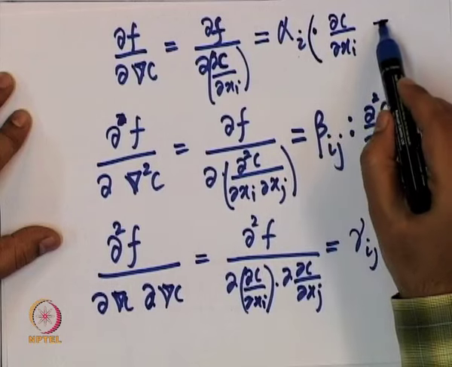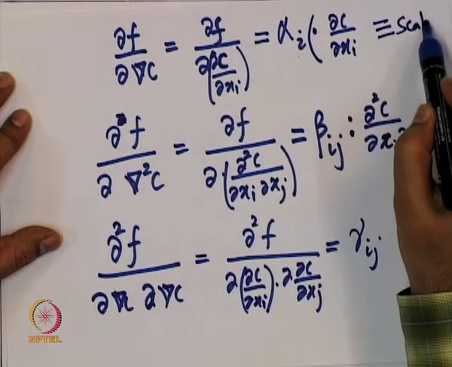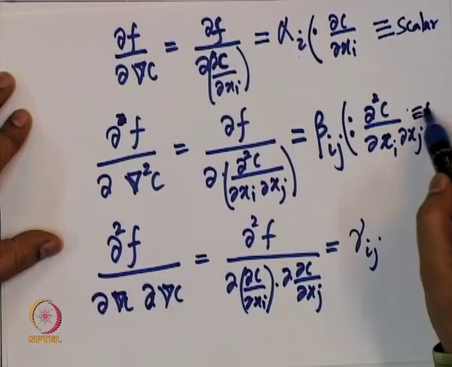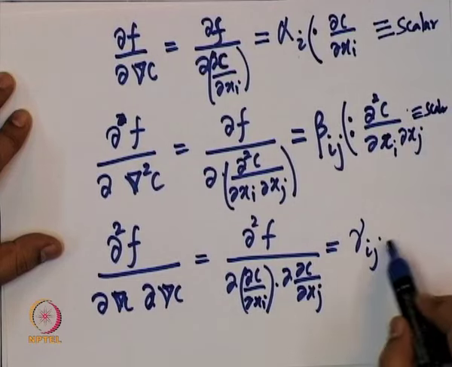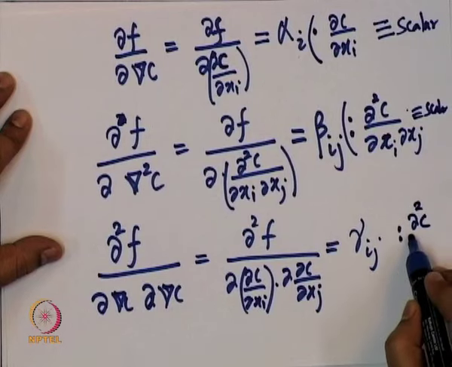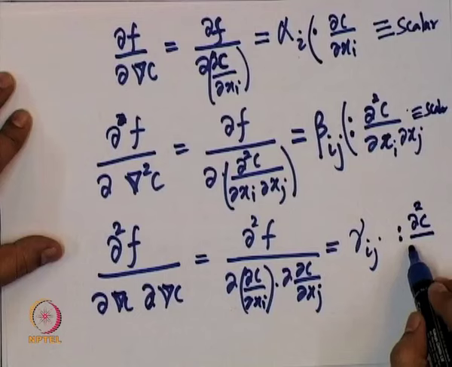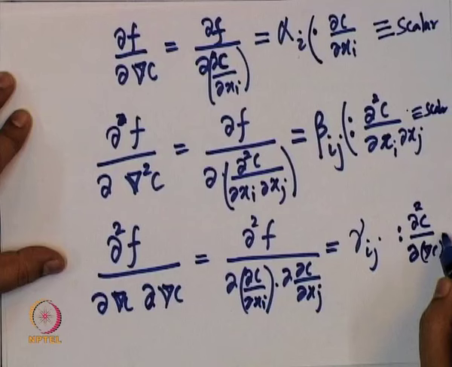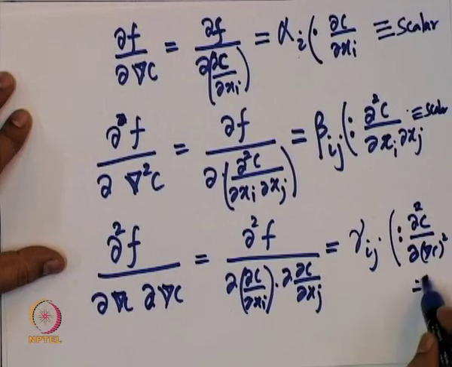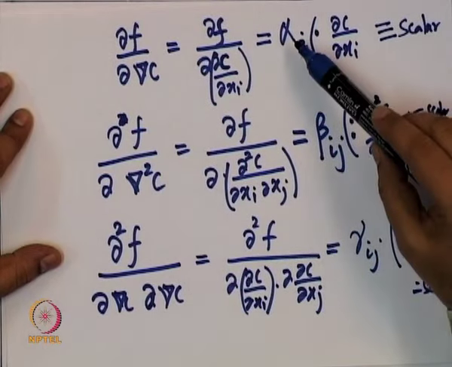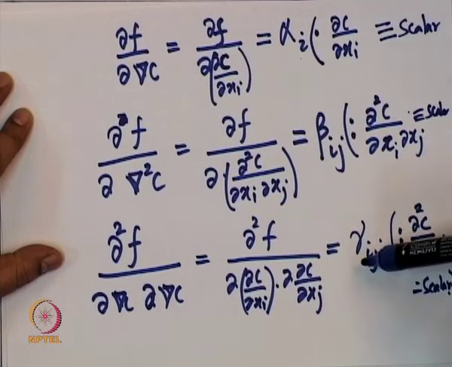So, that will give me a scalar, and similarly this dotted with this will give me a scalar, and this dotted with del squared C by del C squared, that will give me a scalar. So, now these are properties.